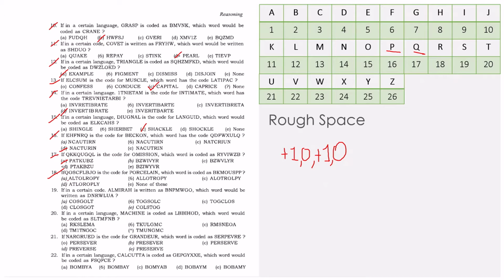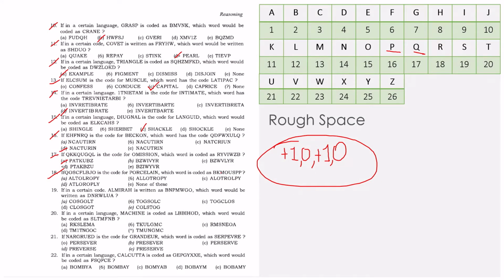If you follow the pattern, you'll get the answer. B to A. Okay, so here they are asking back. So just say -1 and 0 and -1 and 0. Just go back. So they are asking proper word to random word, it seems. I don't know.